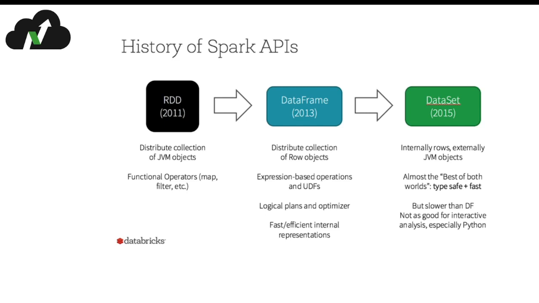That is called a Dataframe, which came in 2013, which collects your data as a raw object, which has logical plans and an optimizer by itself, which is efficient and fast compared to an RDD. Later on, we have the Dataset as well, which came in 2015, which has much more capabilities and has the inherited attributes of RDD as well as the Dataframe.